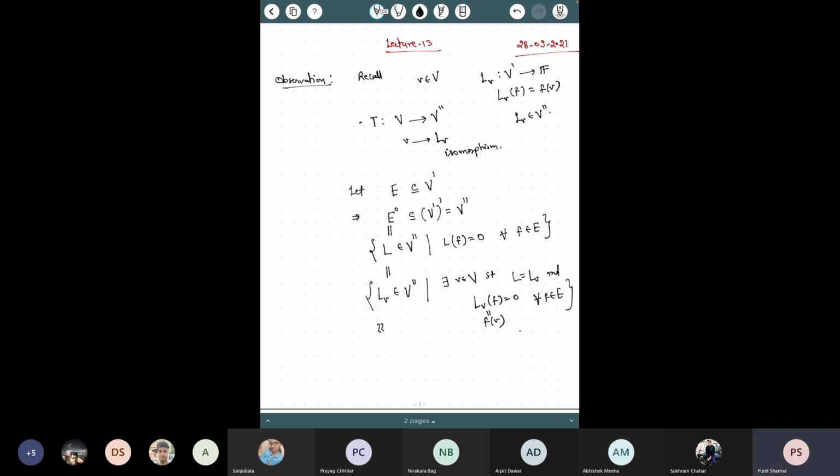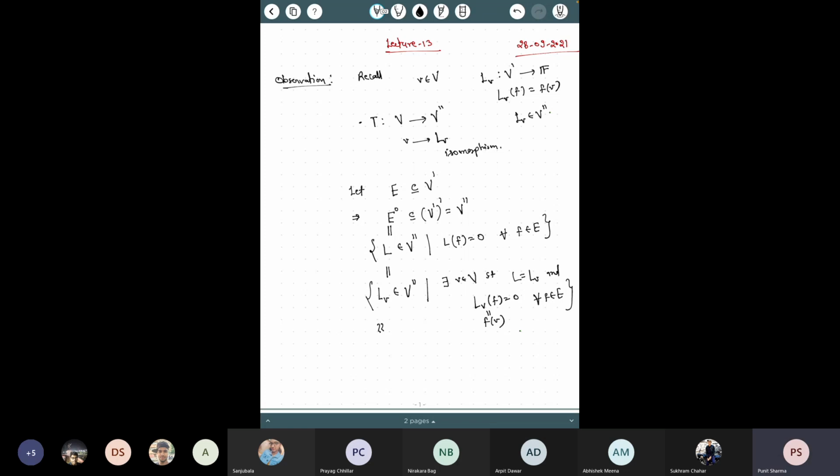It's not exactly the same, because here the elements are linear functionals on V dash, and I'm talking about a subset of V. But because of this isomorphism, we can relate this set, or identify this set, with a subset of V. Can you tell me what that subset would be?